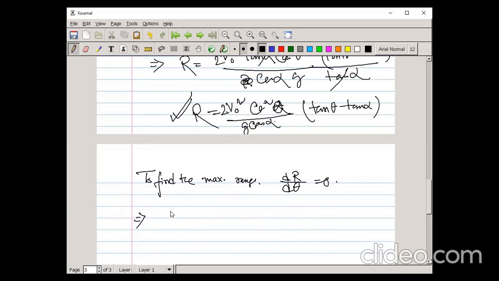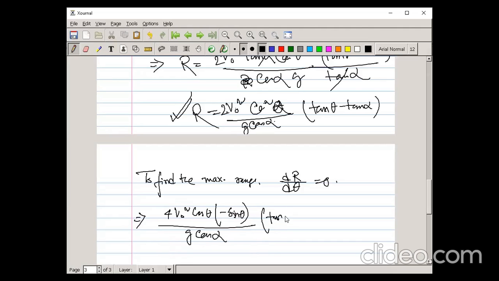The derivative of cos square theta is 2 cos theta times minus sin theta, so the 2 and this 2 make 4. That's why I have written 2 V0 square cos theta and minus sin theta divided by g cos alpha.